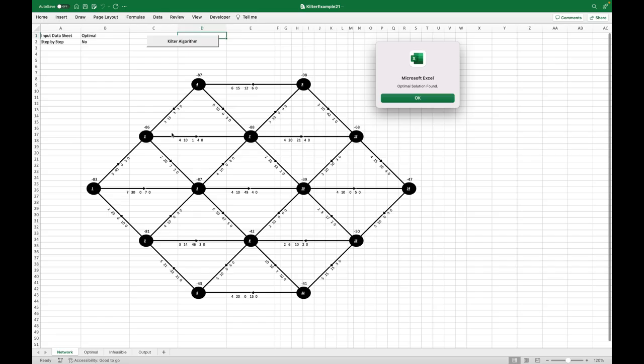Okay. And the optimality conditions state that, first of all, we have to compute the third number, which we call the adjusted unit cost. And it's equal to the unit cost minus the node number at the origin plus the node number at the destination. So that's called the adjusted unit cost. And the optimality condition says that when this number is positive, the flow must equal the lower bound.